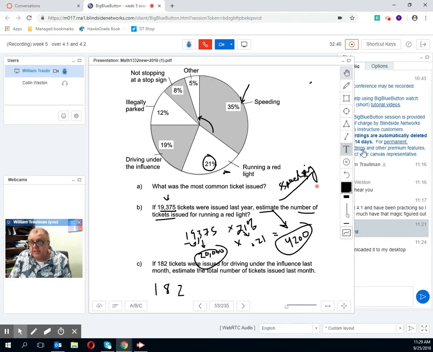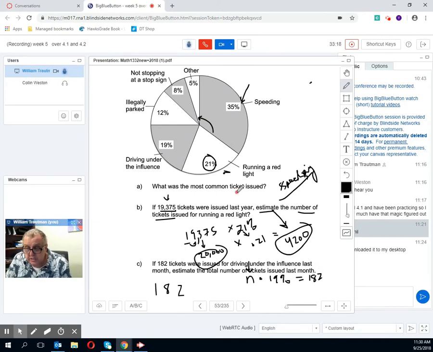So to find that out, I have so many tickets, and I'm going to multiply it by 19%. And the answer is going to be 182. Do you see? We're trying to find out the number of tickets. That's the total number of tickets. If I take the total and multiply it by 19%, the answer is 182.